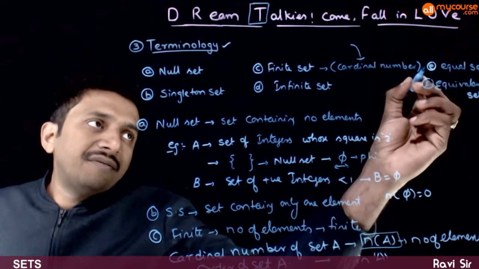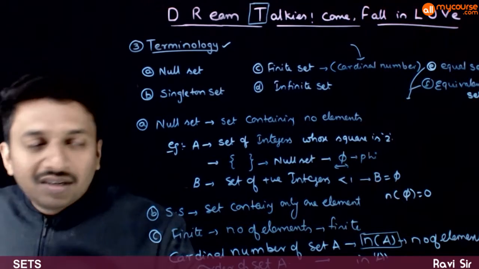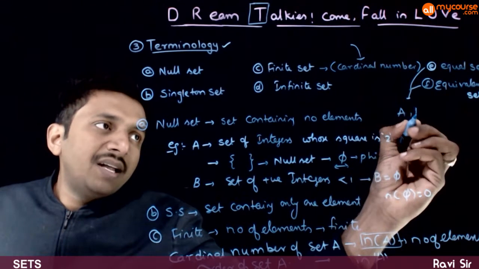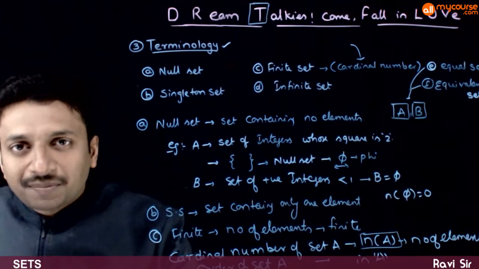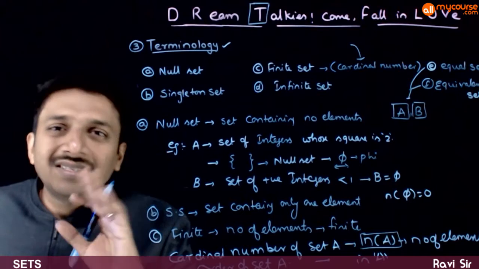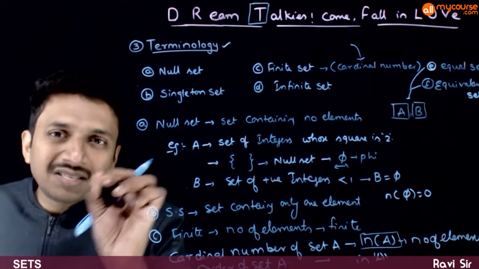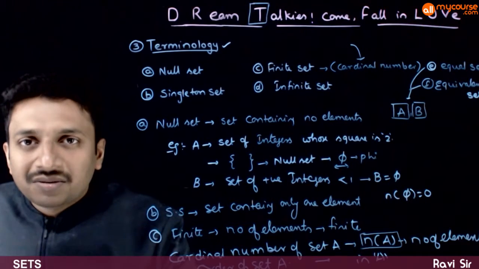Next, you have two more terms, equal sets and equivalent sets. Two sets A and B are equal if they contain exactly the same elements. Each and every element has to be the same in both sets, then they are called equal sets.